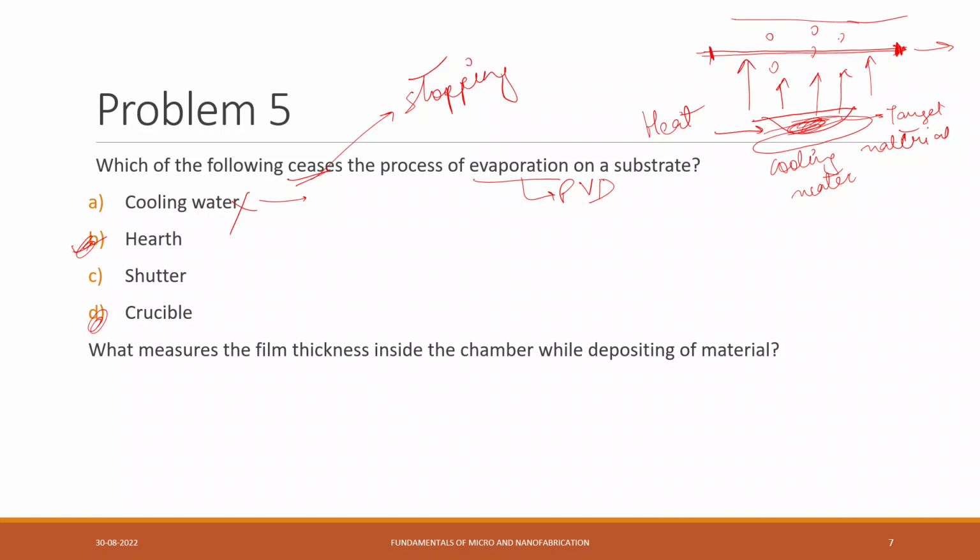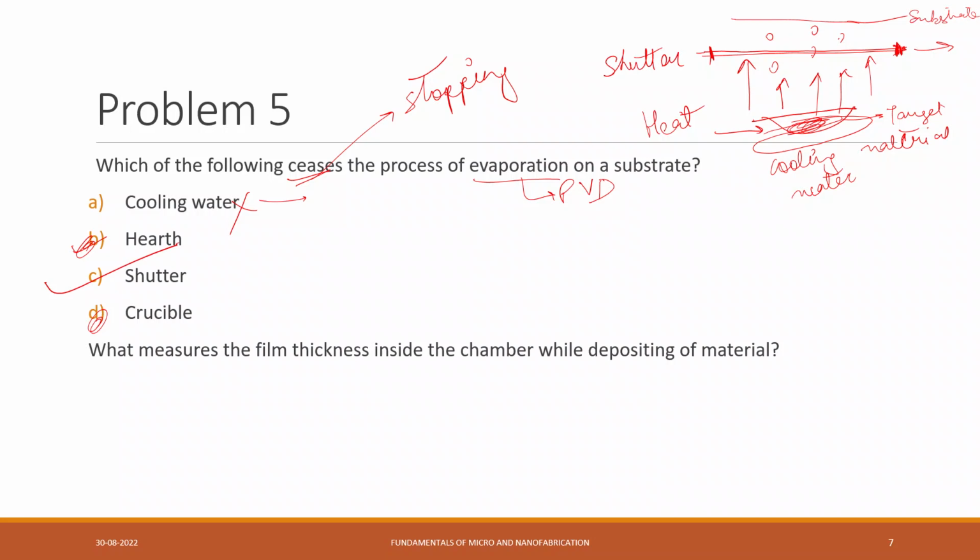That's how the evaporation process is stopped. This is the function of a shutter: it physically places a barrier between the target and the substrate. The substrate is where we are depositing our materials, and the target is the source. I hope it's clear. The shutter is the correct answer.